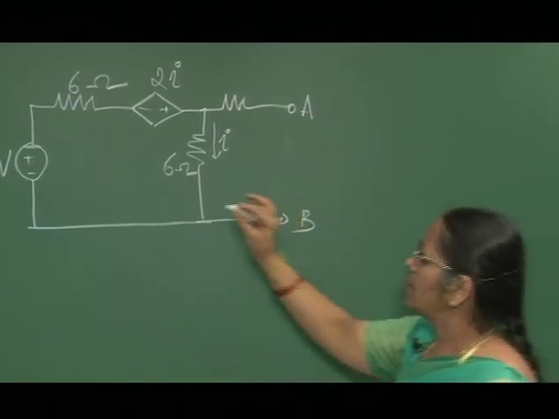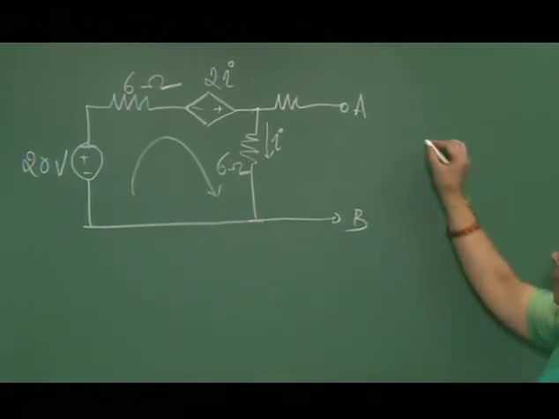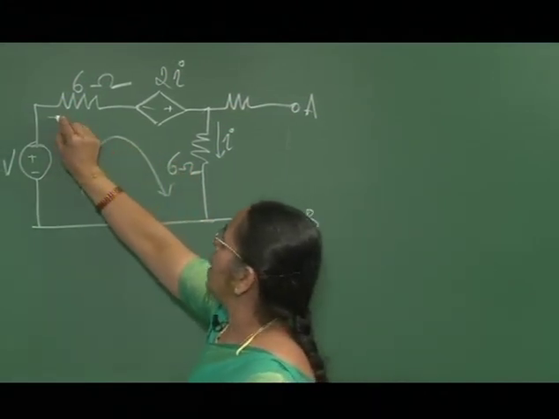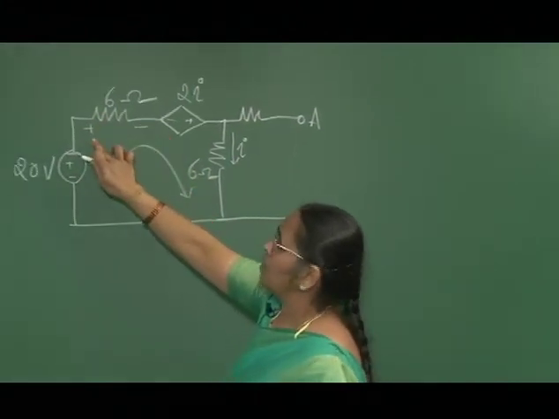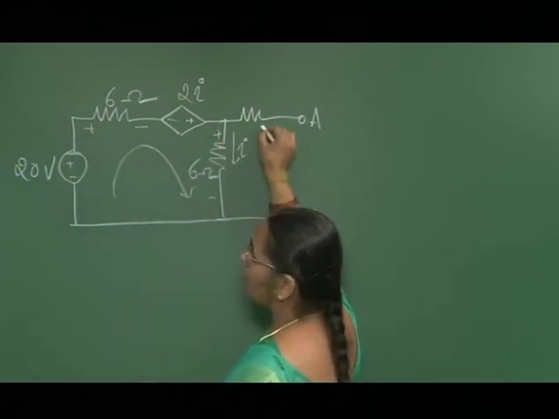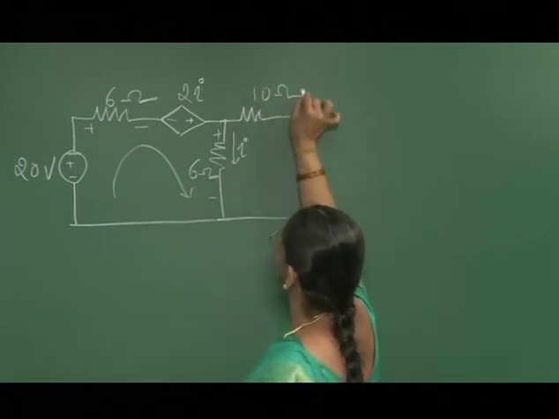For that, first write KVL. As we know, the current flows from higher potential to lower potential, so the point here is plus and this is minus, once again plus and minus here, and the value of this resistor here is 10 ohms.